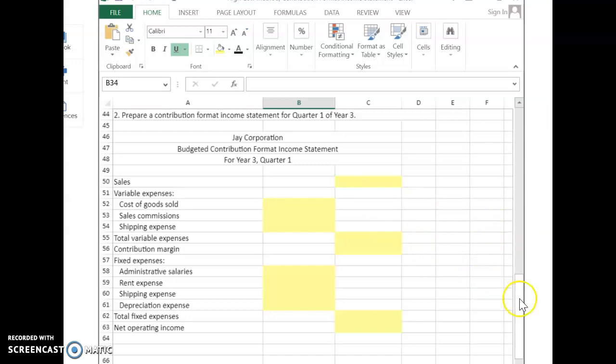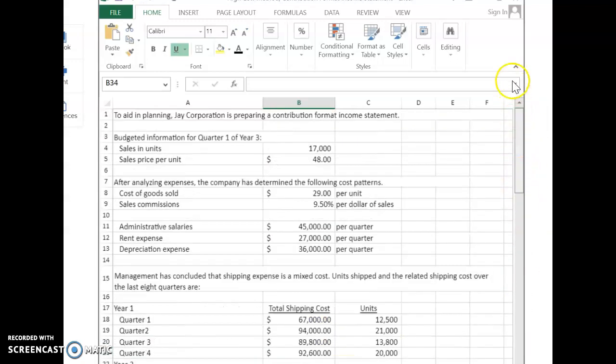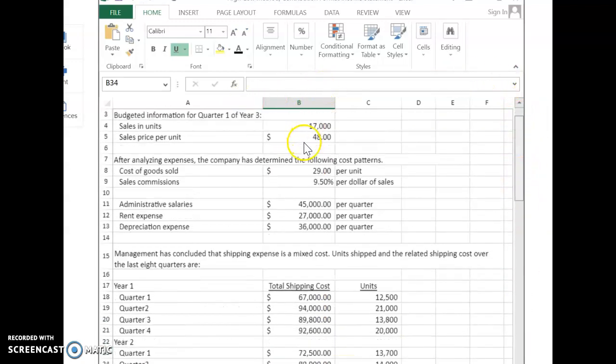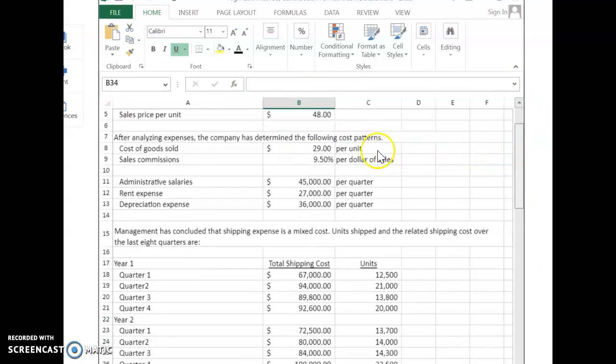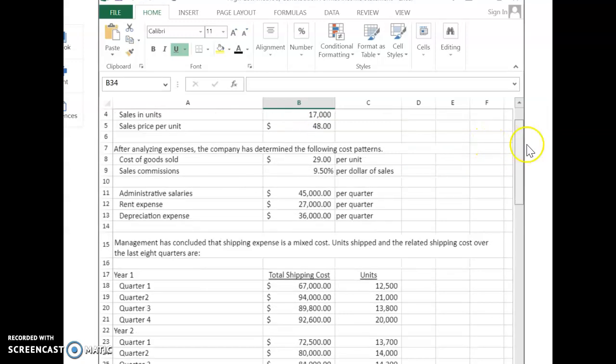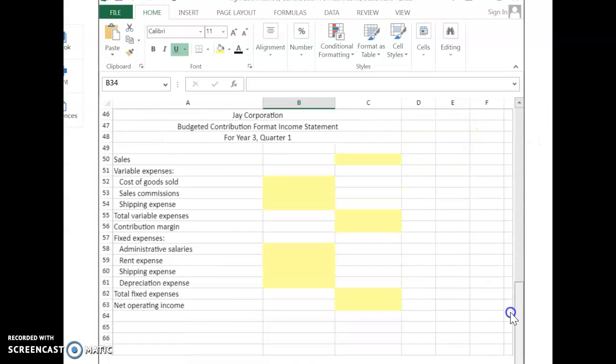All right, so for our sales, you're given information: the units, sales price, and your cost of goods sold. We've been given the cost per unit, multiplied by the units, and we'll get our cost of goods sold. And then our variable expenses.